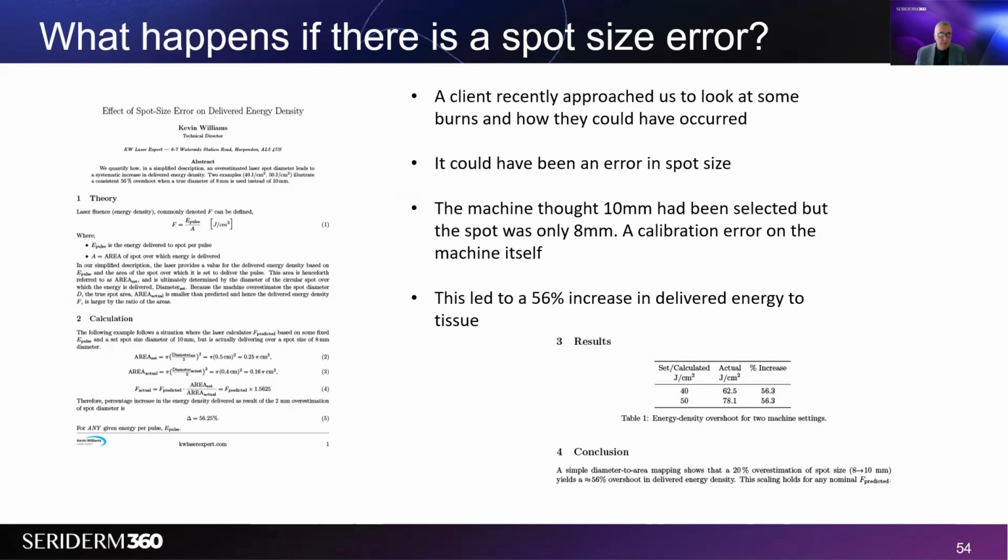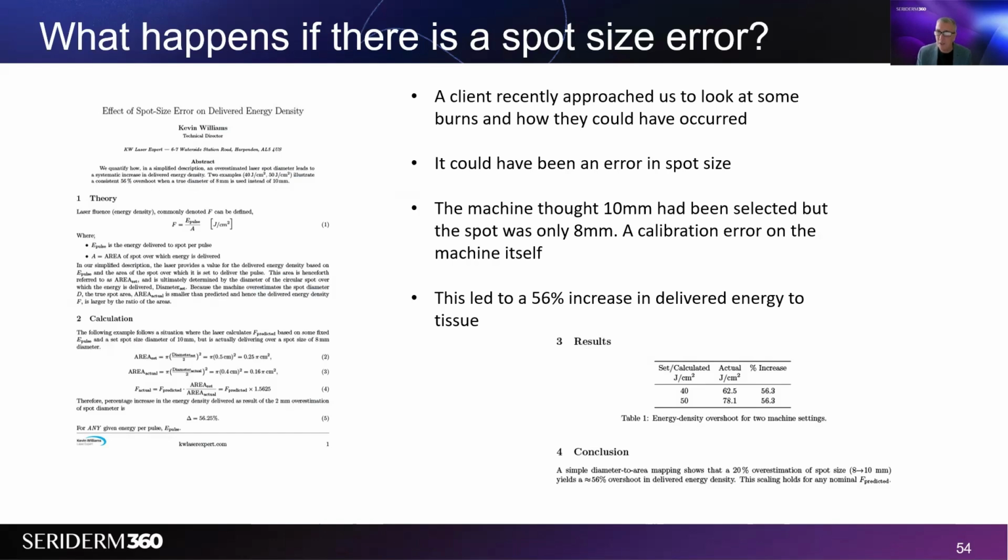And if you read this paper, which is very scientific, this leads to a 56% increase in delivered energy. So if the machine was at 40 joules per centimeter squared, instead of being 40, it was 62 and a half joules per centimeter squared. If it was 50, it was 78.1. So it was a 56.3% increase in energy because of an error in spot size.